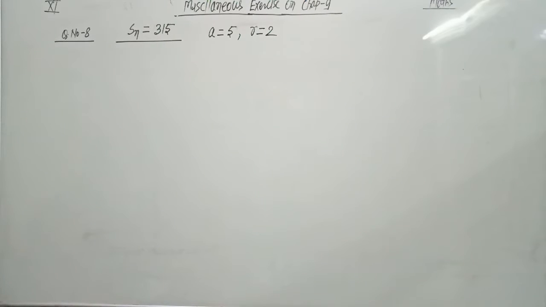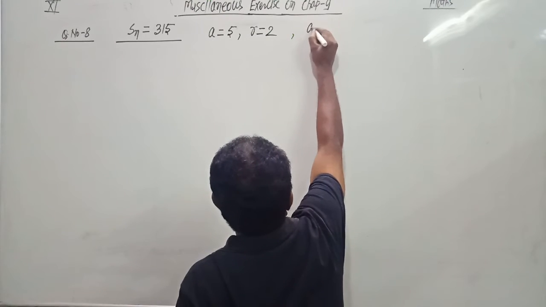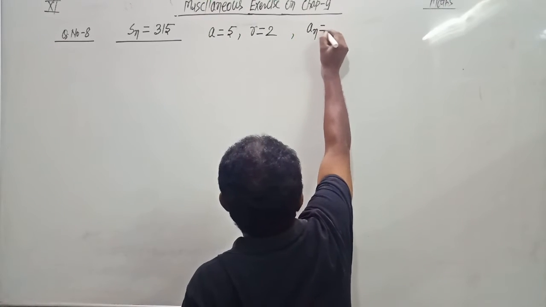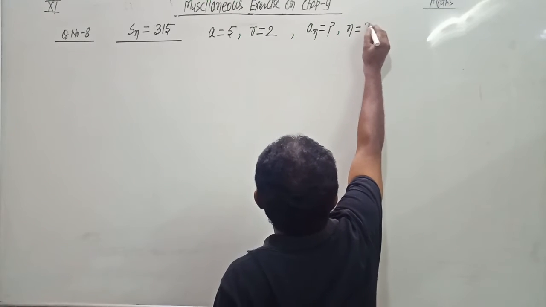Sum to n terms is given. First term is 5, common ratio is 2. Find the last term. We have to calculate the last term and also the total number of terms.